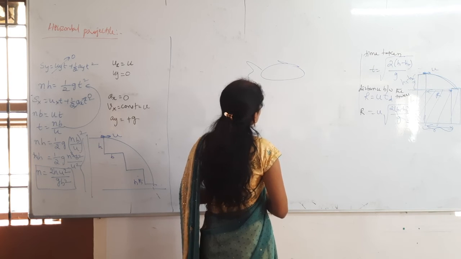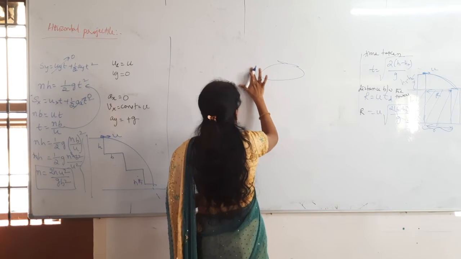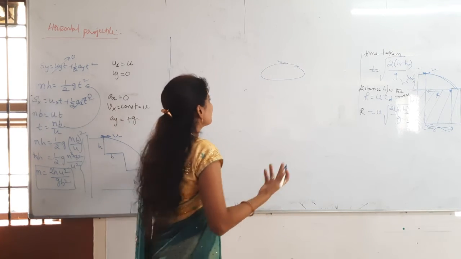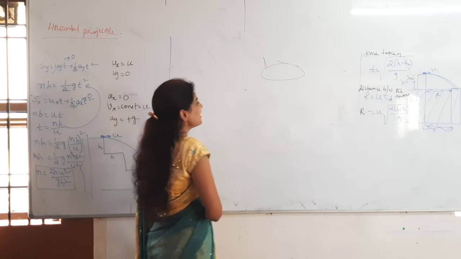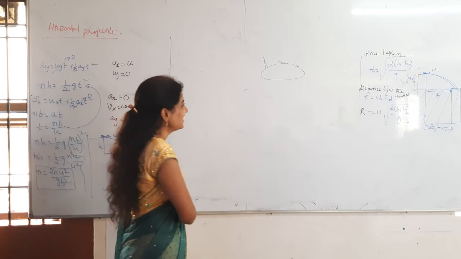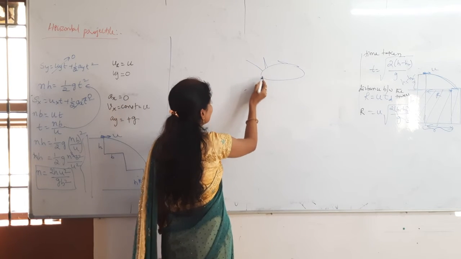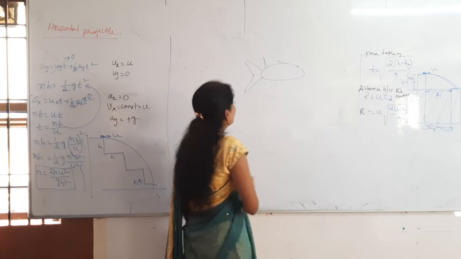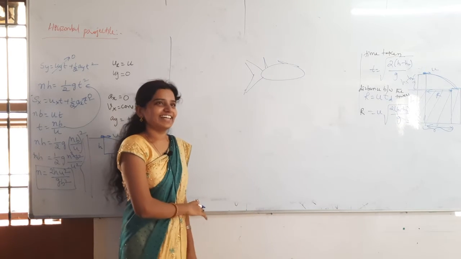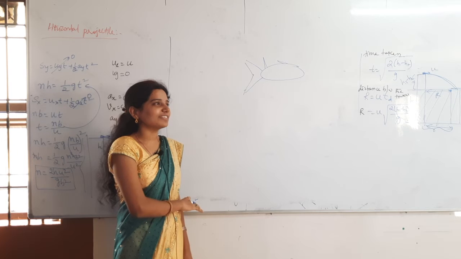Is this aeroplane or a fish? How to draw that, I don't know. Okay, now it is a shark, I think. Yeah, whatever. How to draw the back wings?